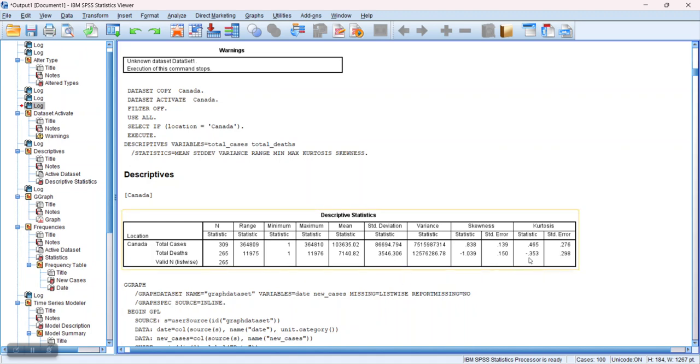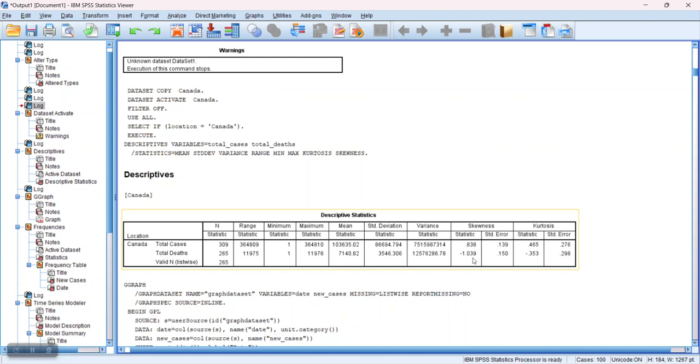And for skewness and kurtosis, for total cases, the skewness is approximately 0.838, indicating a slight right skew, which is positively skewed. It suggests that there are relatively few days with a significantly higher number of cases compared to the majority of days.